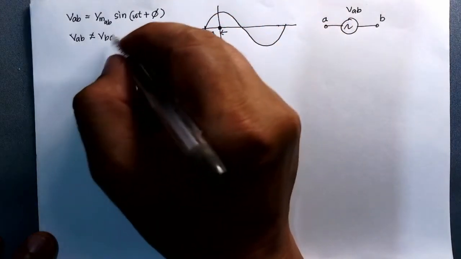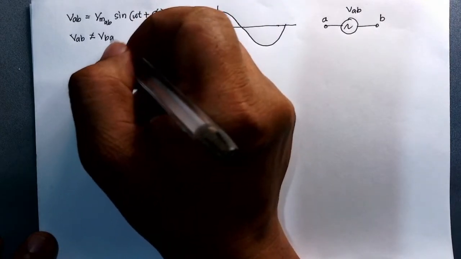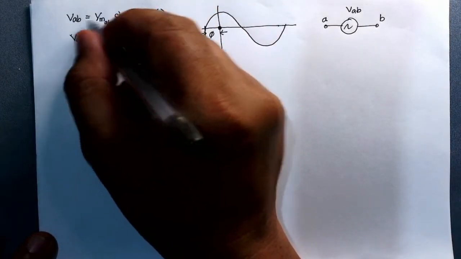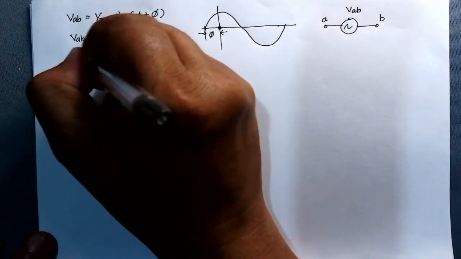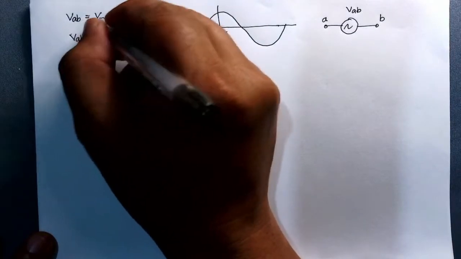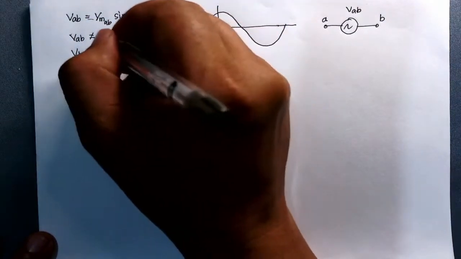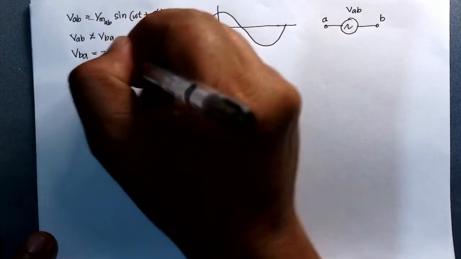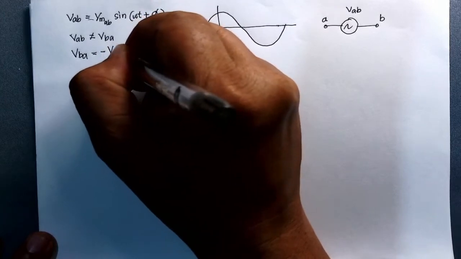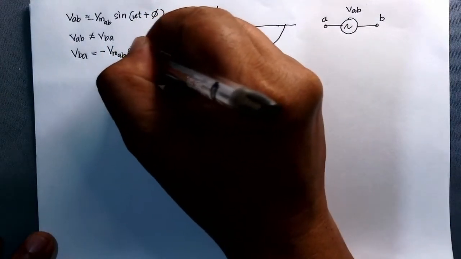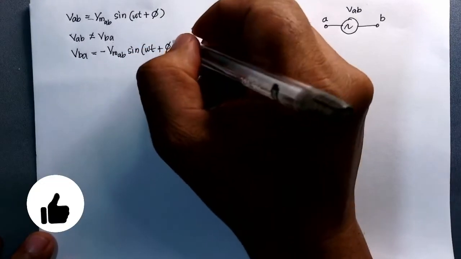But if you want to get the value of V sub BA using V sub AB, we introduce a negative sign. So this is positive, so we make it negative. So that will be negative V sub M AB sine omega t plus phi.